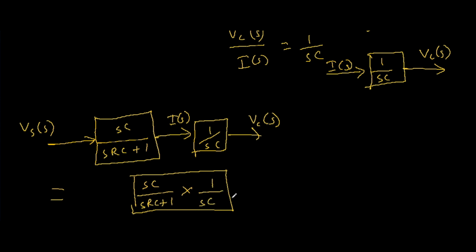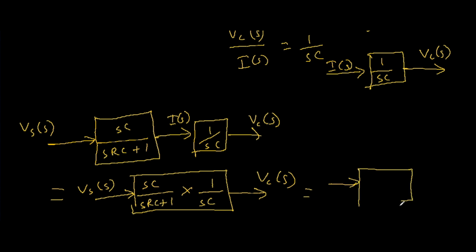The output is VC of S and the input is Vs of S. And this is obviously equal to a single block with a transfer function 1 over SRC plus 1, output being VC of S and input being Vs of S.